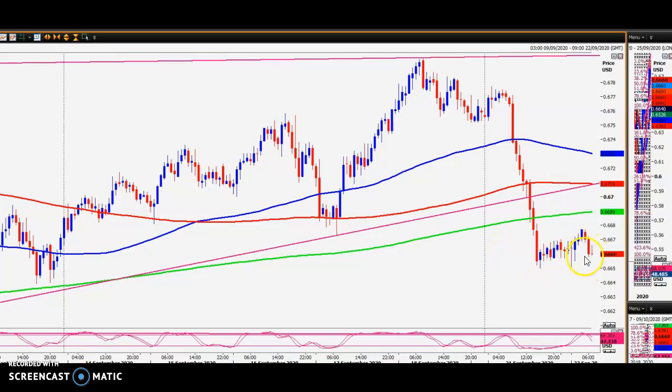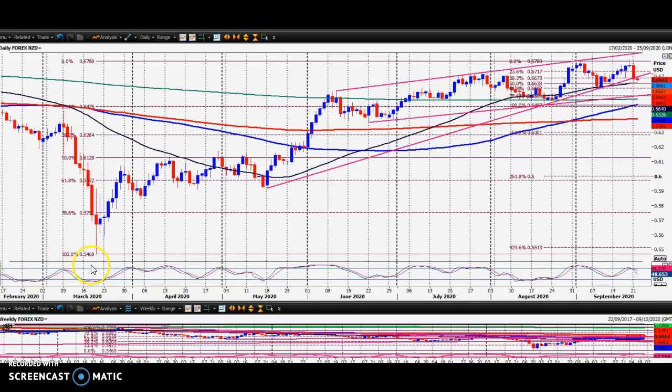So look, it's probably worth a gamble to buy at 66.60, 66.50 with stops below 66.40. It's a 10-20 pip risk trade. And if it works, we're looking at a nice jump back up to 67.00, 67.10. But I must admit, in the longer term, I think we're probably going down. So just watch that level.